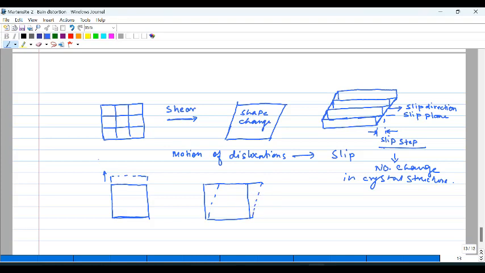So this dilatation that you have, that is perpendicular to this plane over here, this interface on which the martensite is growing from the austenite. So this plane, this interface plane, is known as the habit plane of martensite.